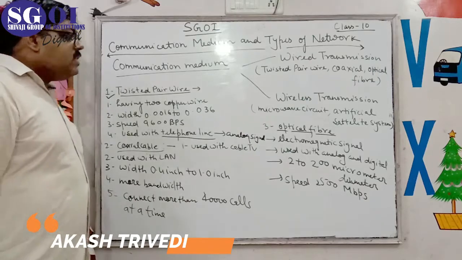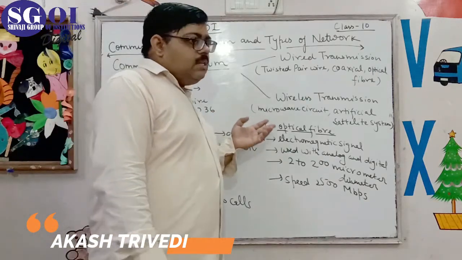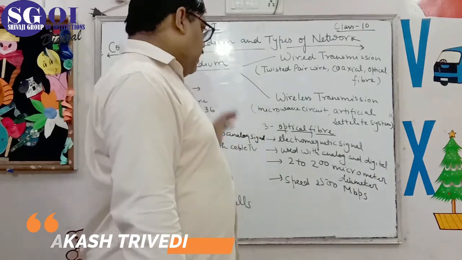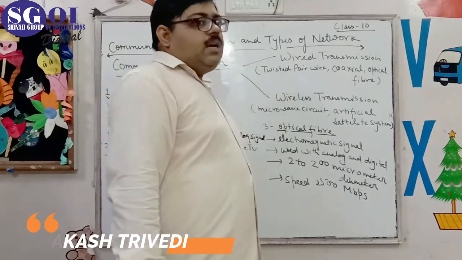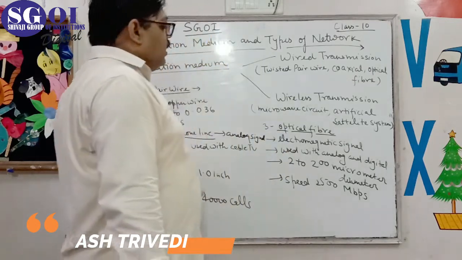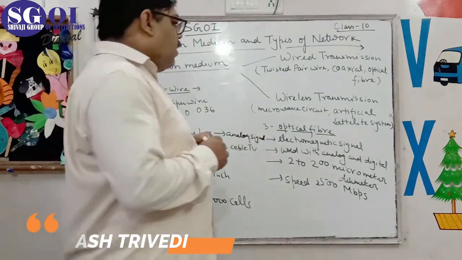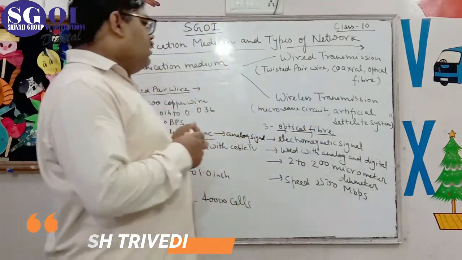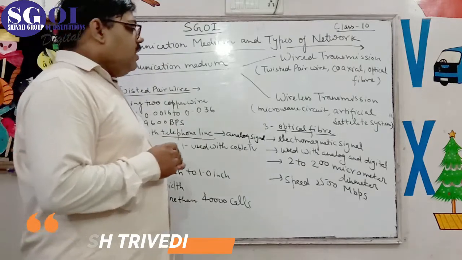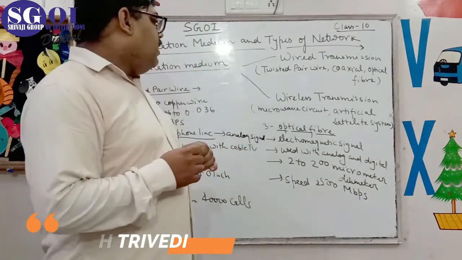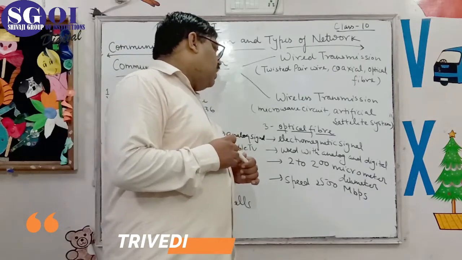The next wire is optical fiber, also known as fiber optics. Here the name is optical. Optic means light, so in optical fiber the signals move in the form of light. And you know the properties of light. The first property of light is that it always travels in a straight line.